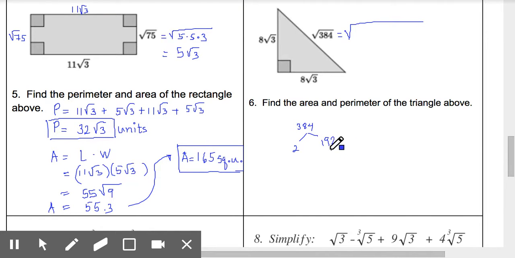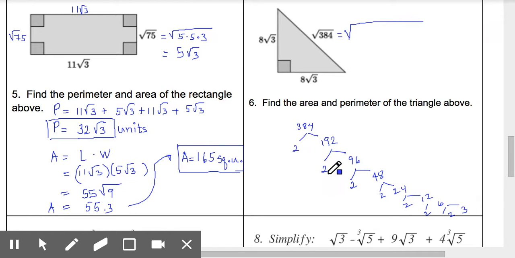So 2 times 192. And then we can still divide this by 2. That's going to be 19 divided by 2 is 9. 12 divided by 2 is 6. So now 96 divided by 2 is, 2 times 48. 2 times 24. 2 times 12. 2 times 6, and 2 times 3.